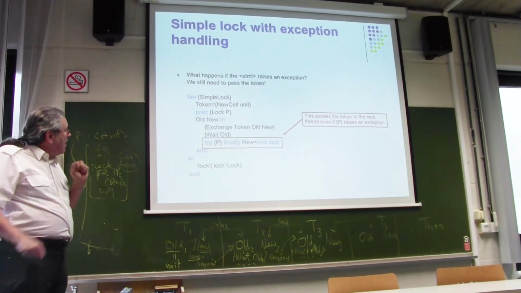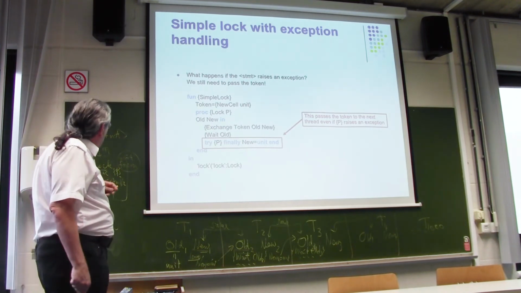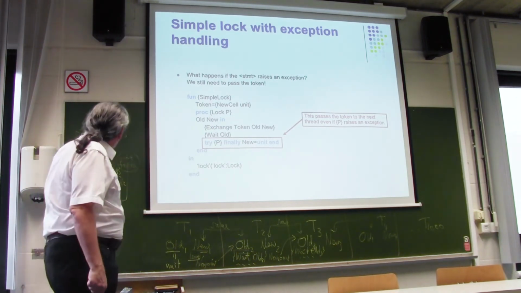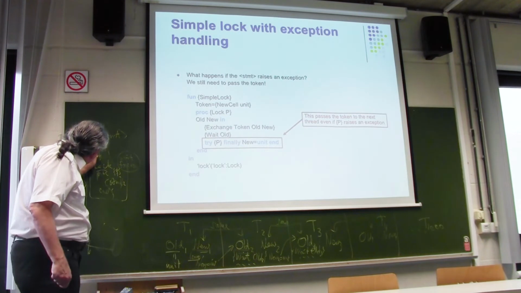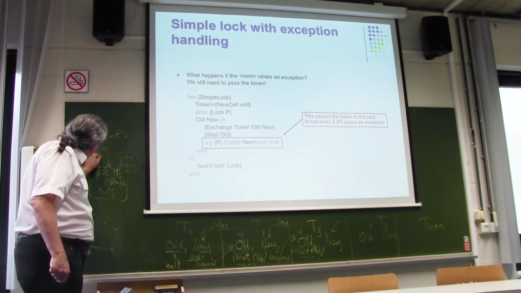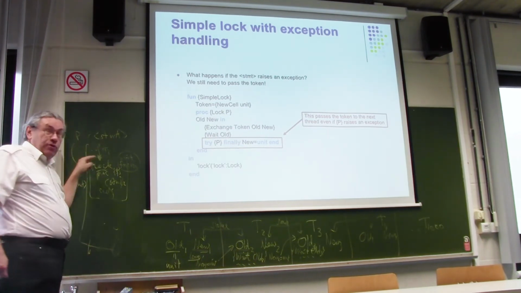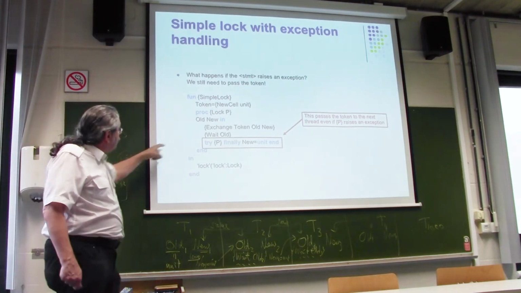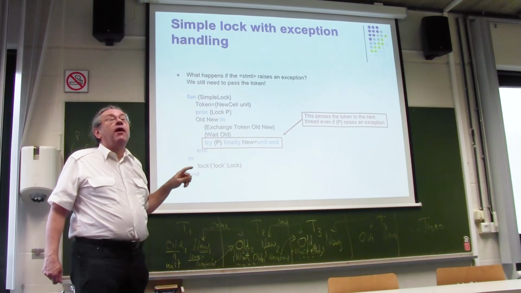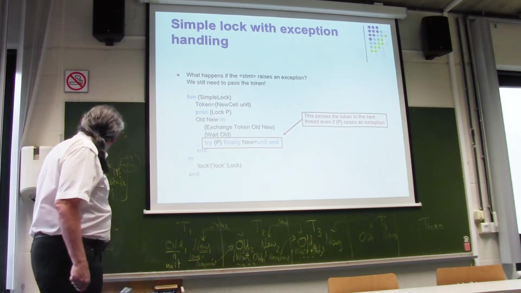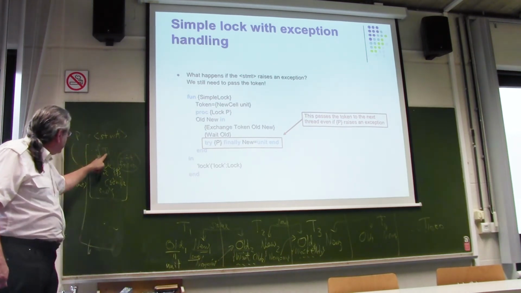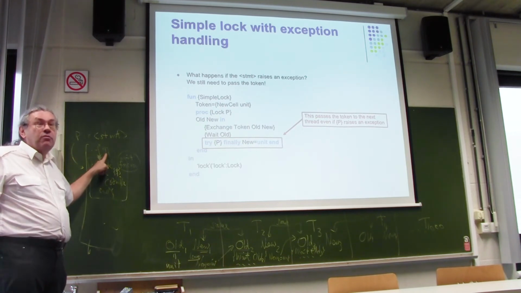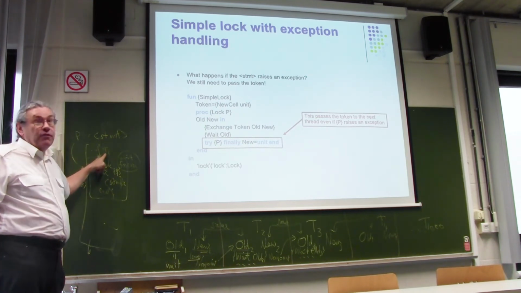Well, we have to be very careful now when we go in. When you try to go in, you have to check first whether you are already in. And if you are, you don't do all this token stuff. If you're already in, if T1 is already in, it does not have to do any kind of token passing whatsoever.